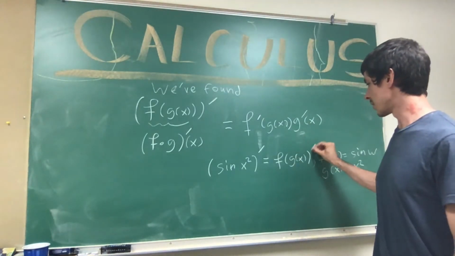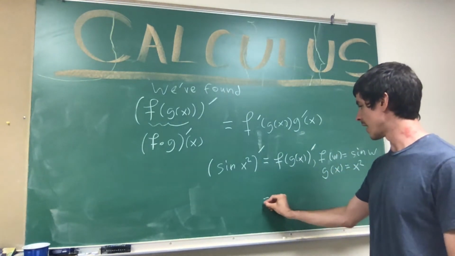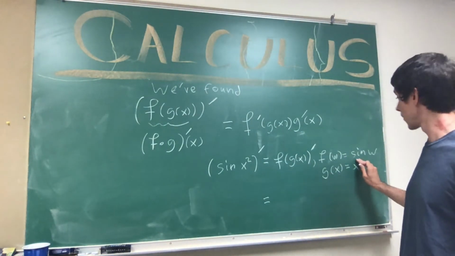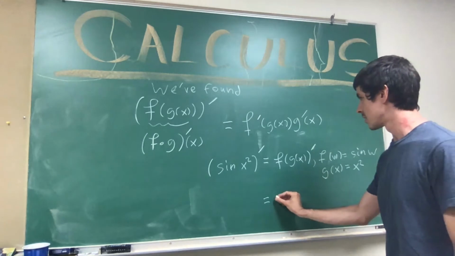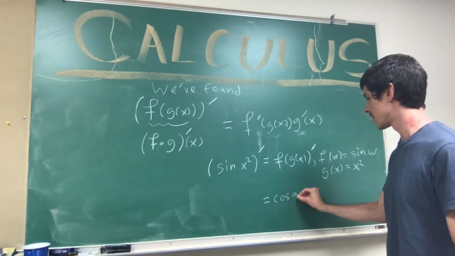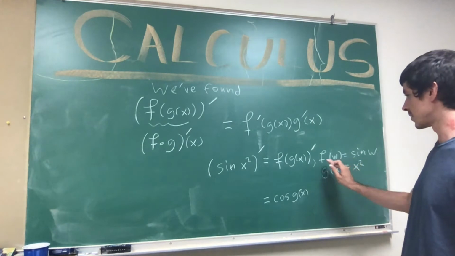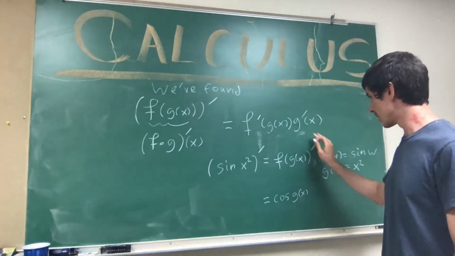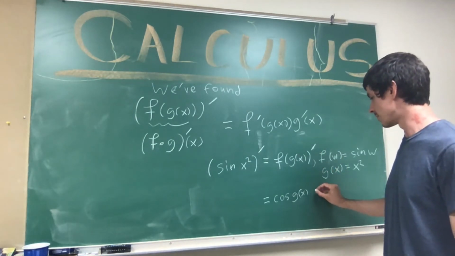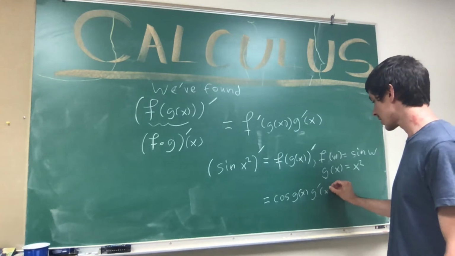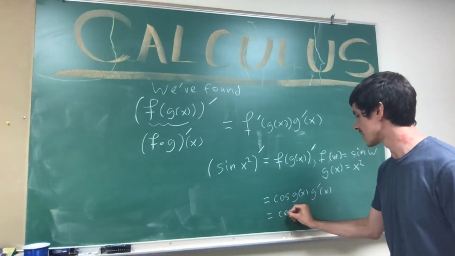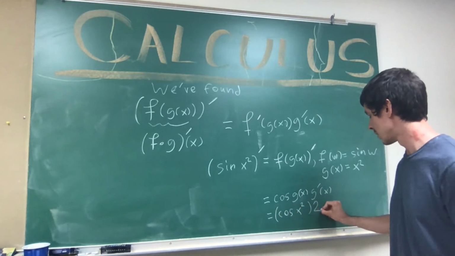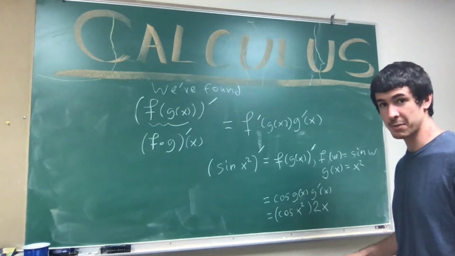So this now equals f prime of g of x. f prime is cosine of w, so the first term is cosine of g of x, and the second term is g prime of x, where g of x is x squared. So this is going to be cosine of x squared times 2x.